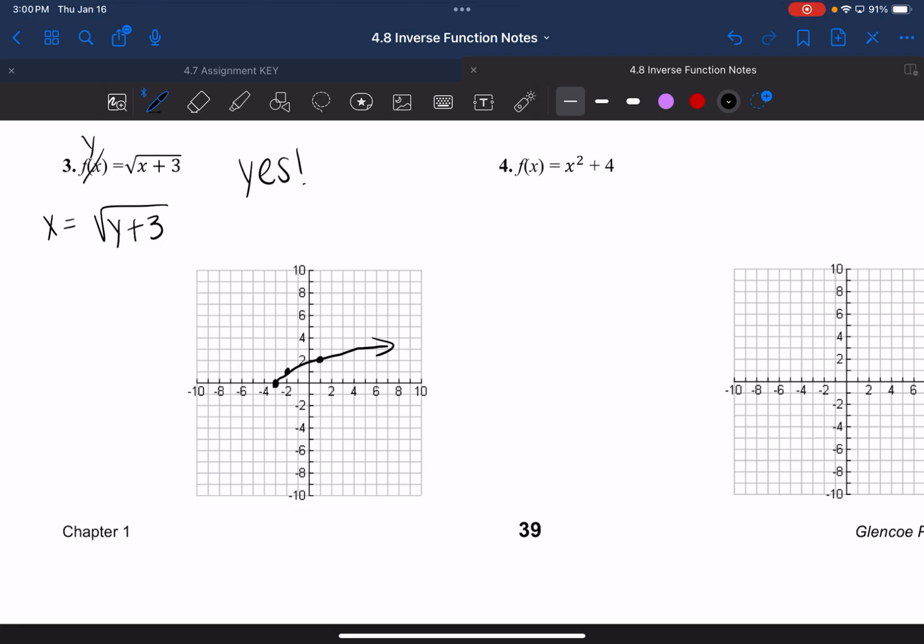Then what do we do? Perfect. Right. All right, so there is our inverse. All right, now some of you guys already pointed this out. I saw it on your paper as I was walking around.